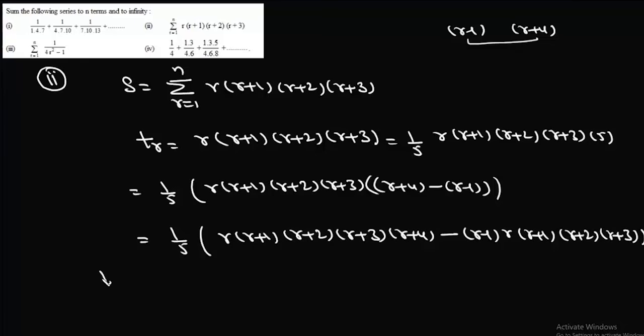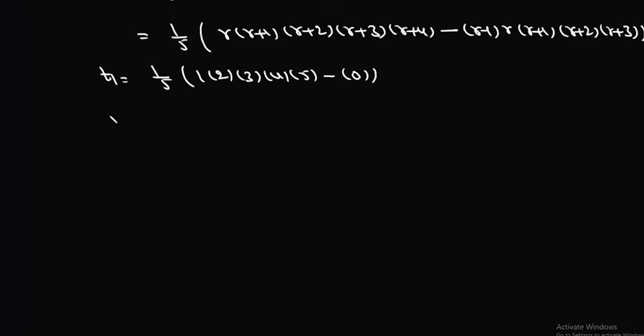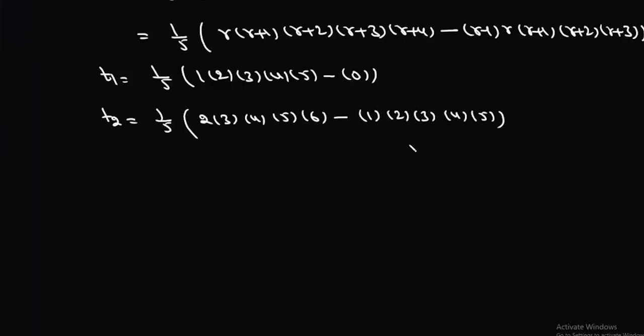Now we can write this first term as 1 by 5, and this is 1 into 2 into 3 into 4 into 5 minus, and this is 0. We can write its second term as 1 by 5, and this is 2 into 3 into 4 into 5 into 6 minus, and this is 1 into 2 into 3 into 4 into 5.